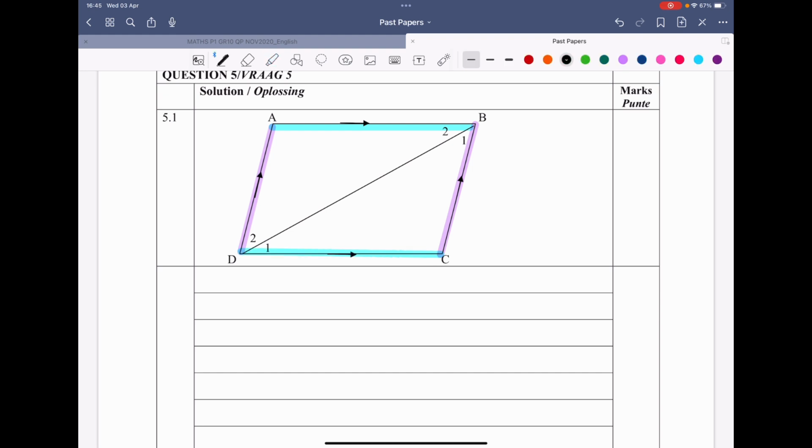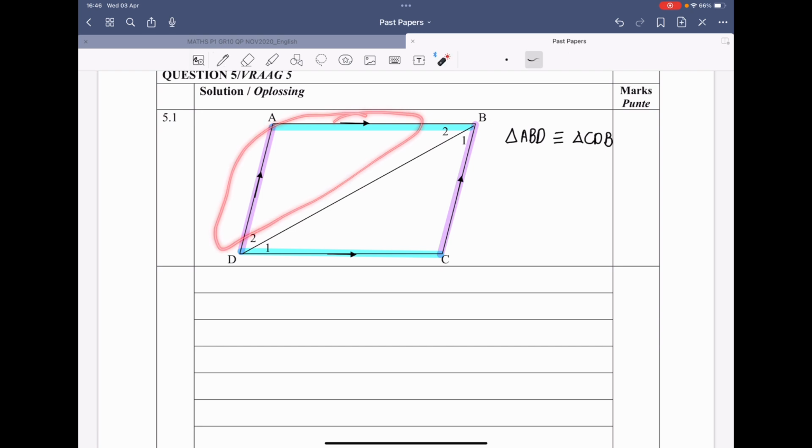So we're actually given a hint that we can prove that triangle ABD is congruent to triangle CDB. So we're trying to prove that this triangle is congruent to this triangle, and by that then we can say that this line is equal to that line and this line is equal to that line.